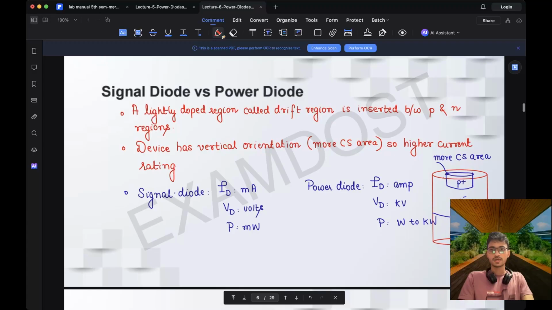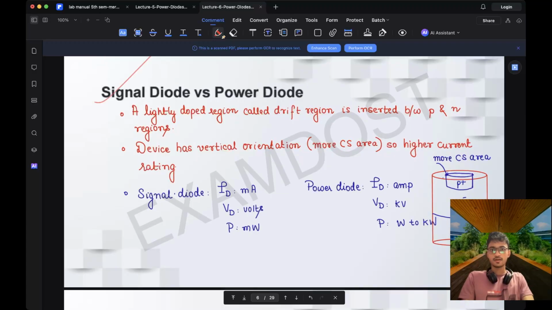The lightly doped region, called the drift layer or drift region, is inserted between the p plus and n plus regions. The device has vertical orientation, more cross section area, so a higher current rating.